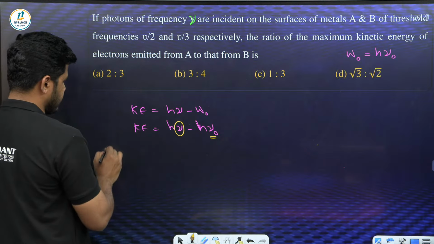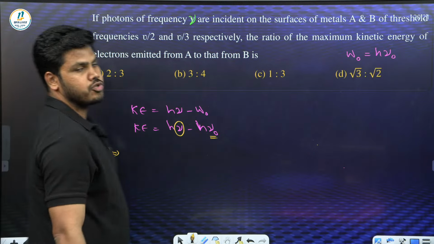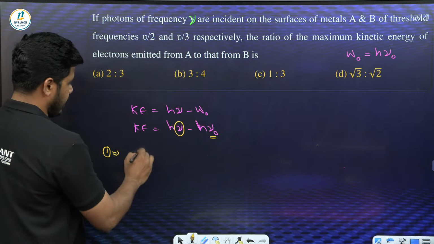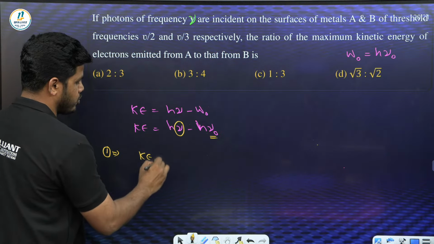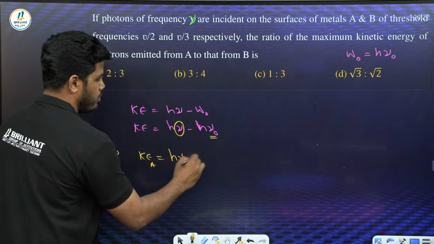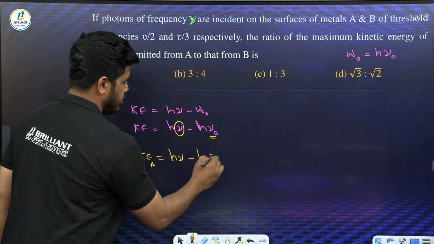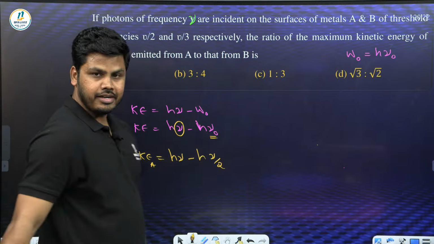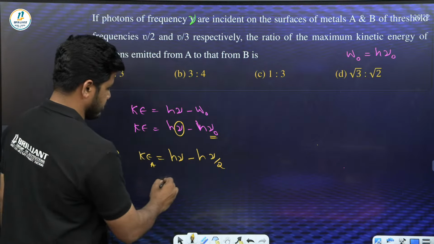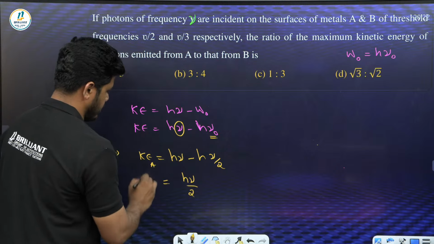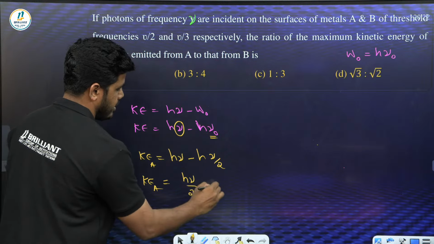In the first case, what is the threshold frequency given? Nu by 2 for A. So kinetic energy of A is going to be equal to h nu minus h into nu by 2. If you simplify this, we get h nu by 2 on the RHS. Kinetic energy of A is h nu by 2.